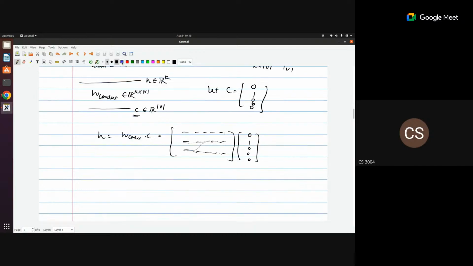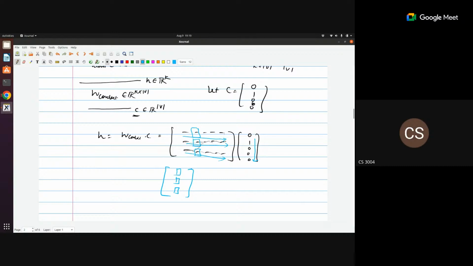So what will happen? You multiply this with this, and you only get this element. Then you multiply this row with this column once again, and again you only get this element, and so on, because the other things become 0.